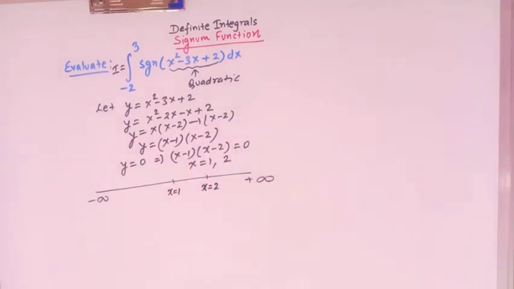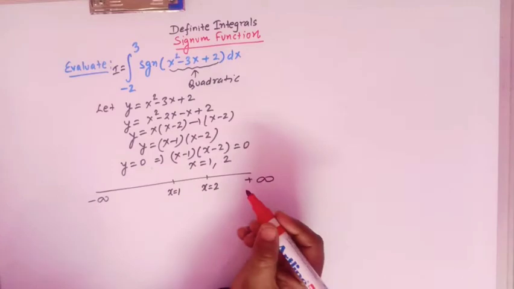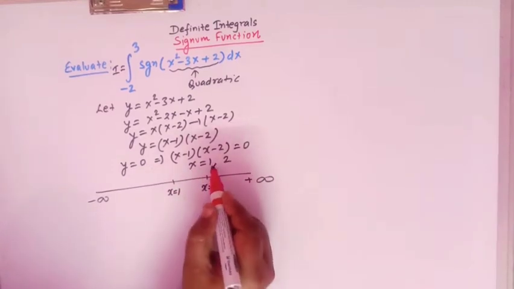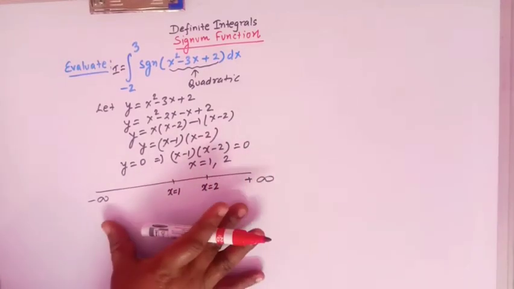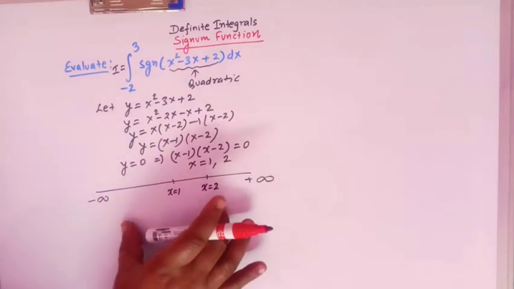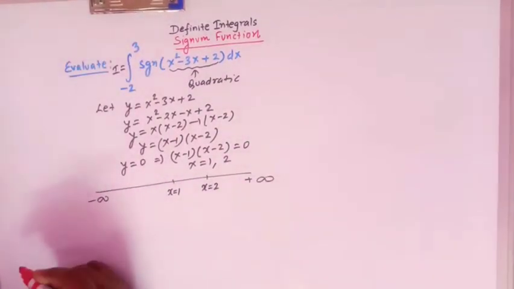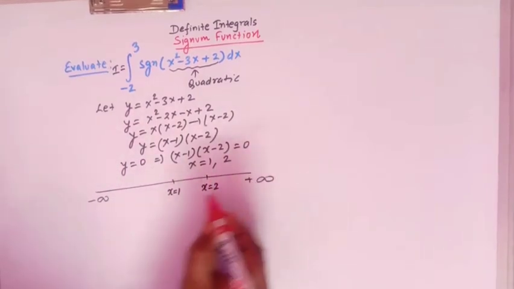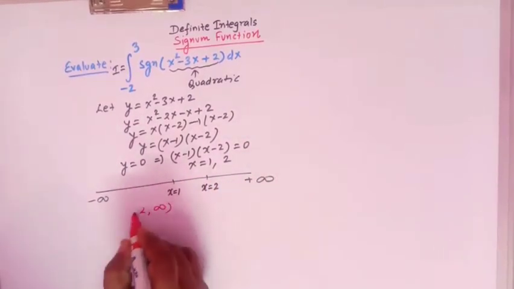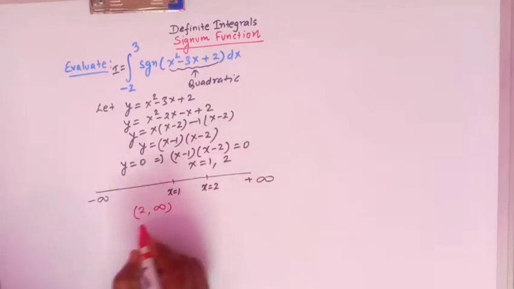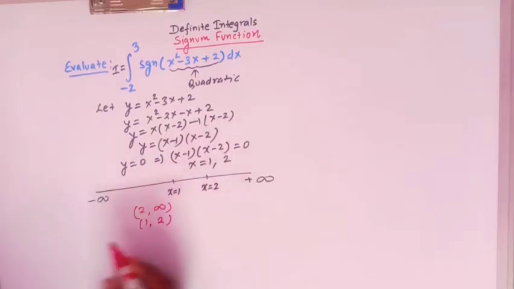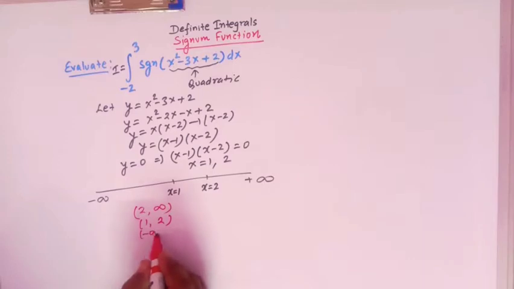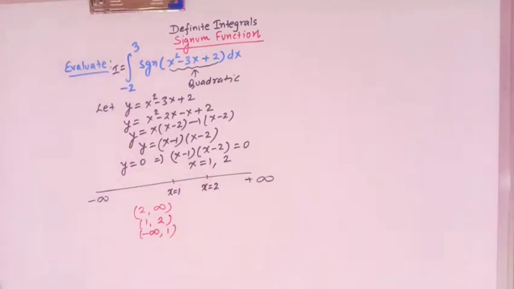From the theory of increasing and decreasing functions, we know that x is equal to 1 and 2 divide this real number line into 3 intervals. The first one is from 2 to infinity, the second one is from 1 to 2, and the third one is from minus infinity to 1.